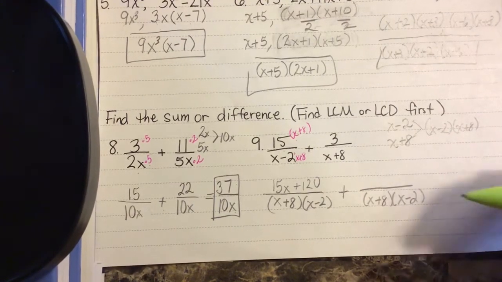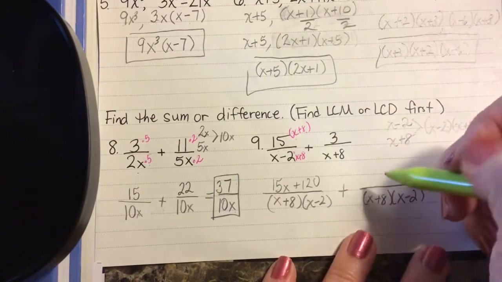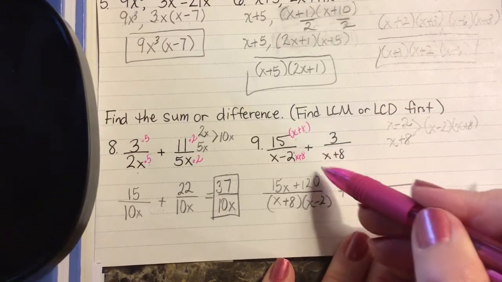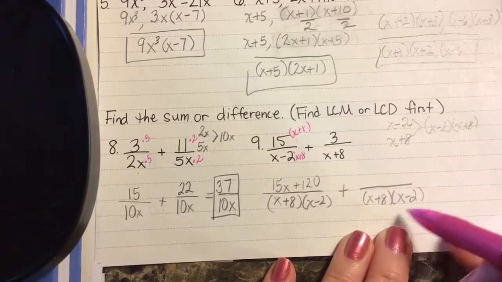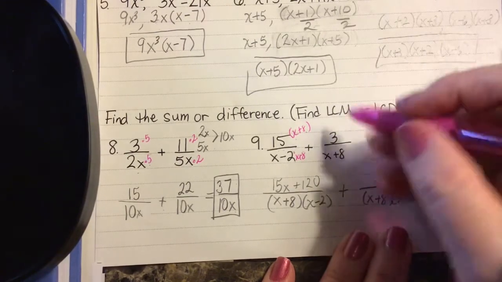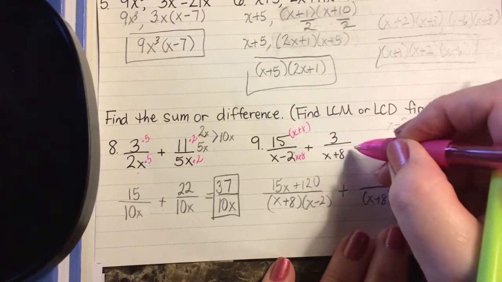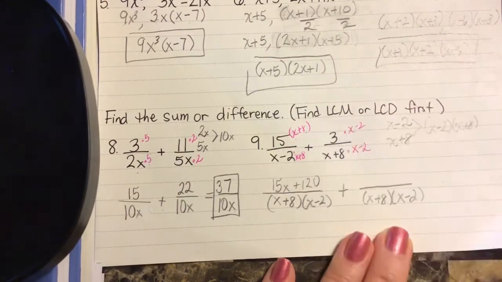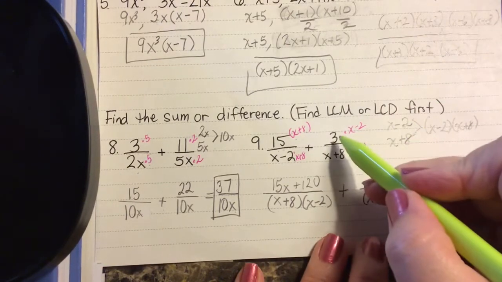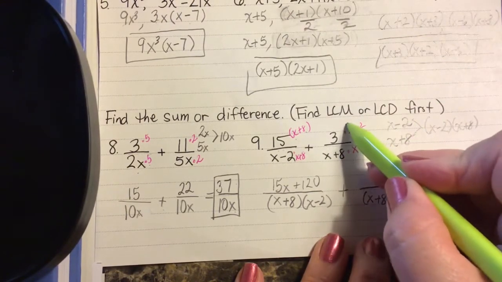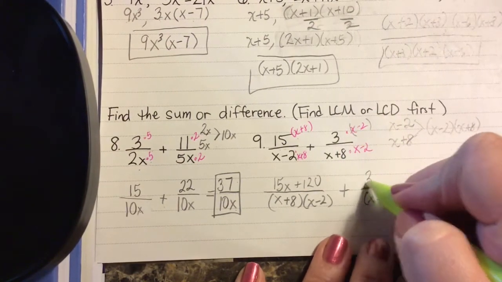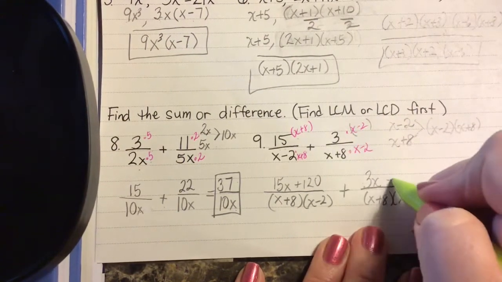Yes. Then, when I look at my next denominator, how do I transform this denominator to look like this denominator? I would multiply x plus 8 by x minus 2. So then I'm going to multiply 3 times the quantity x minus 2. 3x minus 6.